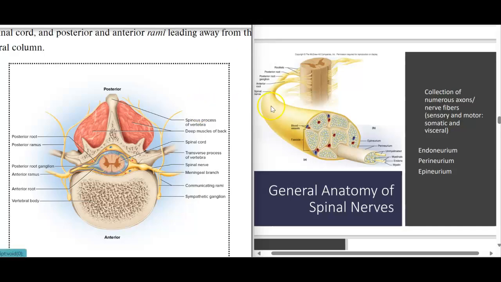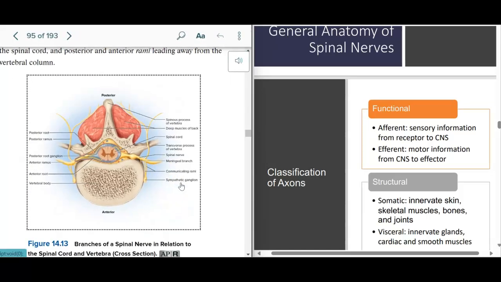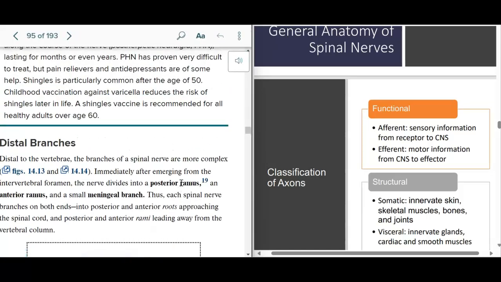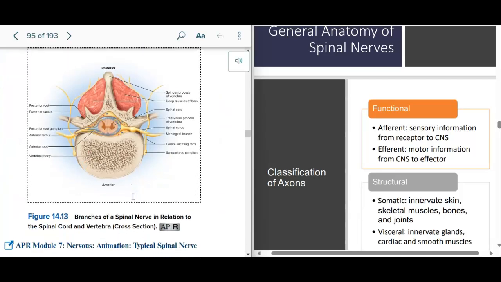So that is the general characteristics that we want you to see. So here we have our posterior ramus, our anterior ramus, and the meningeal branch.